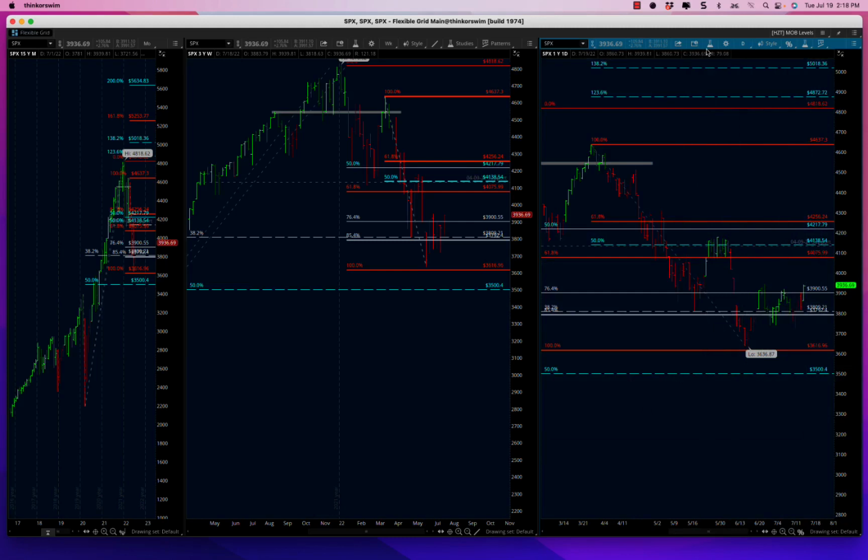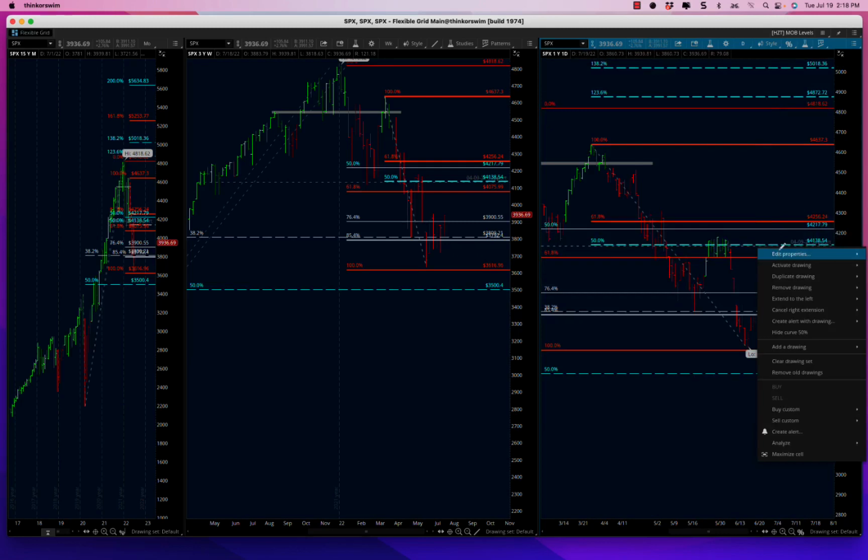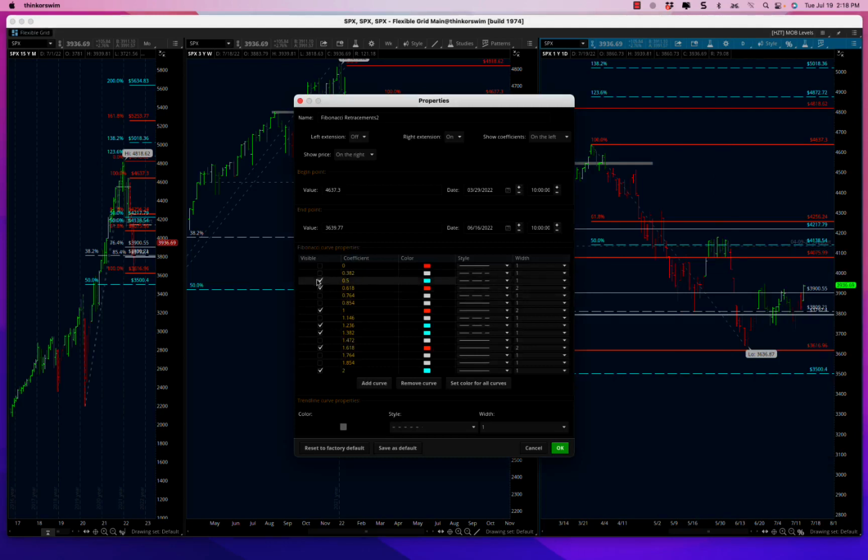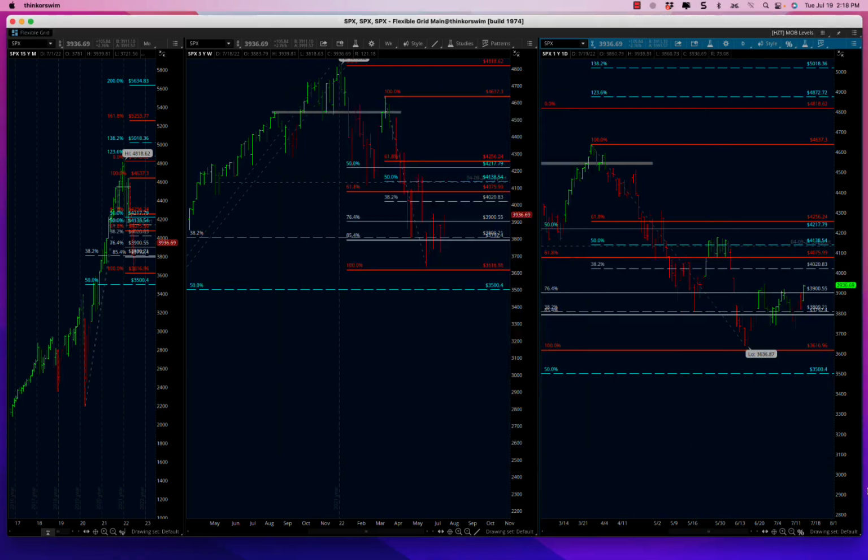All right, so now I've got my daily Fibonacci, right? So if indeed we are going to get a bounce back to the upside, then 50, 618, and ideally, your 382 is also important, all right?